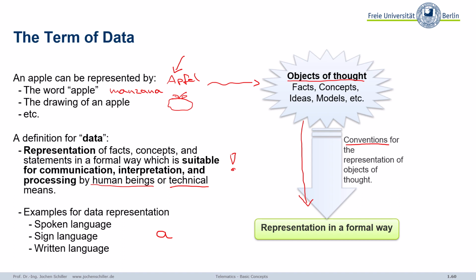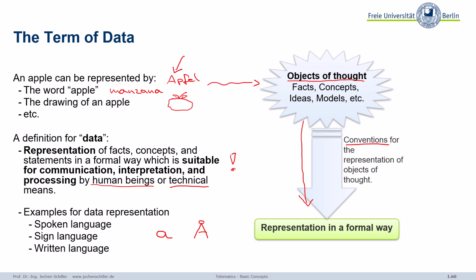And also important, you have to agree upon the representation, because otherwise you may think, okay, this is an A, but what does this little circle mean on top of it? If you know one of the Nordic languages, Swedish for example, you know what it means. So you have to know this representation.